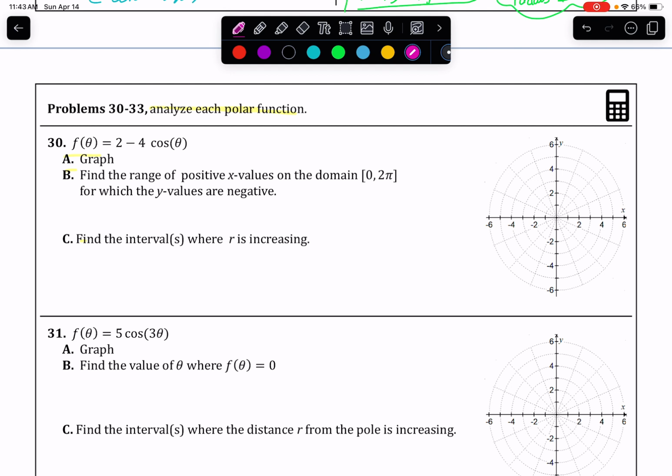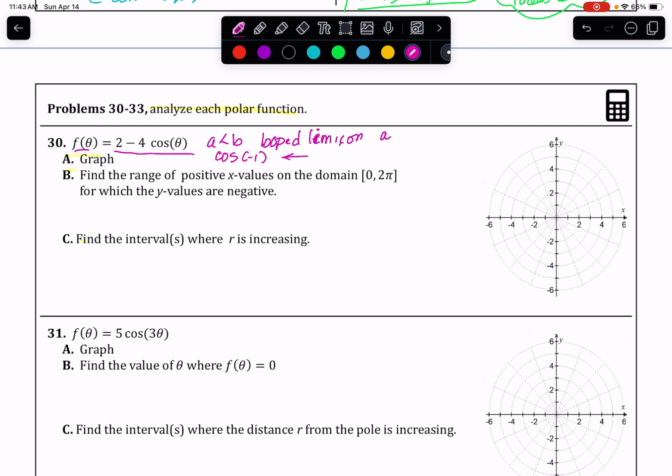So problem 30 says f of theta is 2 minus 4 cosine theta. So we know that this is a limaçon, and A is less than B, so we have a looped one. Now, we also know that cosine is negative, so we're going to be to the left.